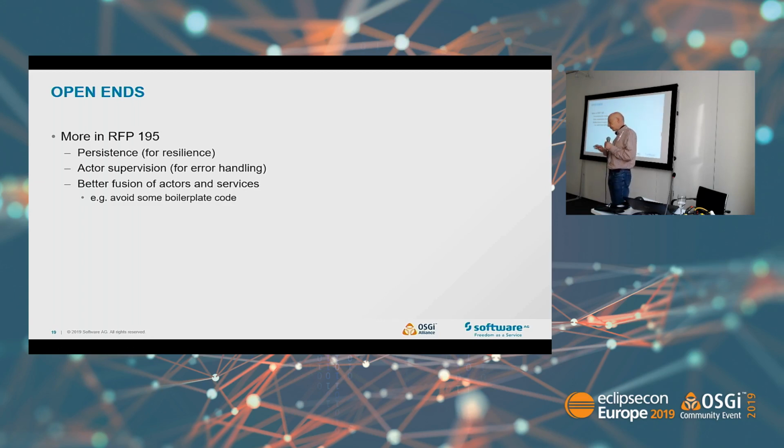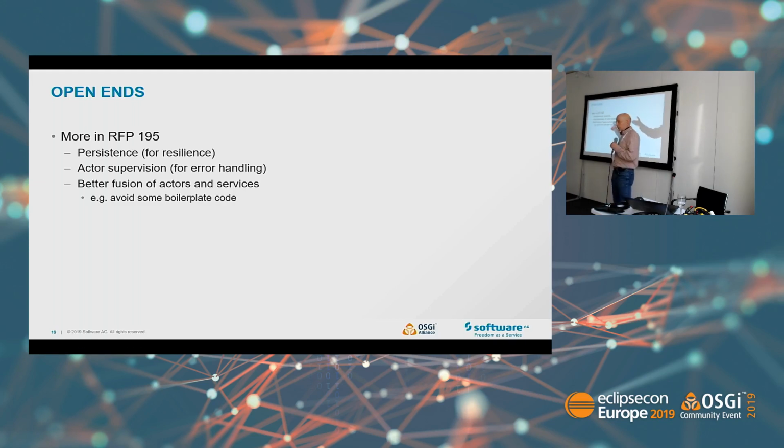The expectation is that every actor has a supervisor that created it, or it's attached to a supervisor, so that there is some control over when something goes wrong. Not so much when the actor dies, but when an exception occurs during processing of a message. What happens then? There's a way to catch the exceptions during message handling by this supervision mechanism.